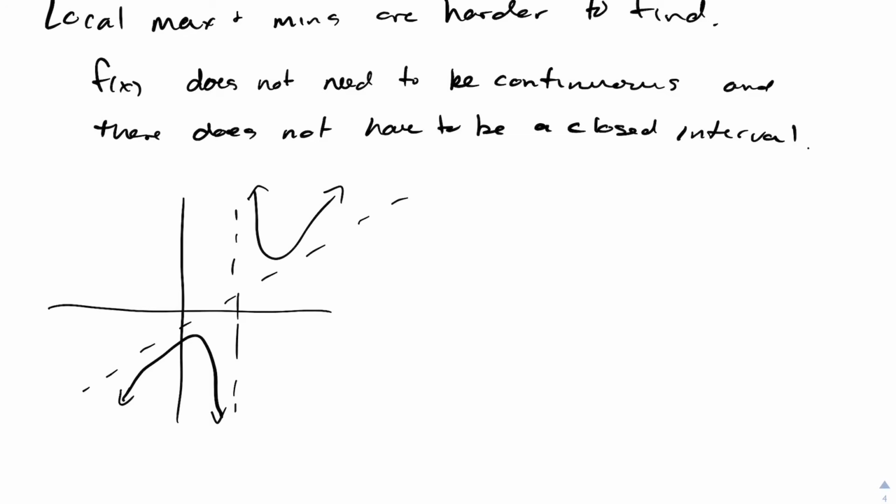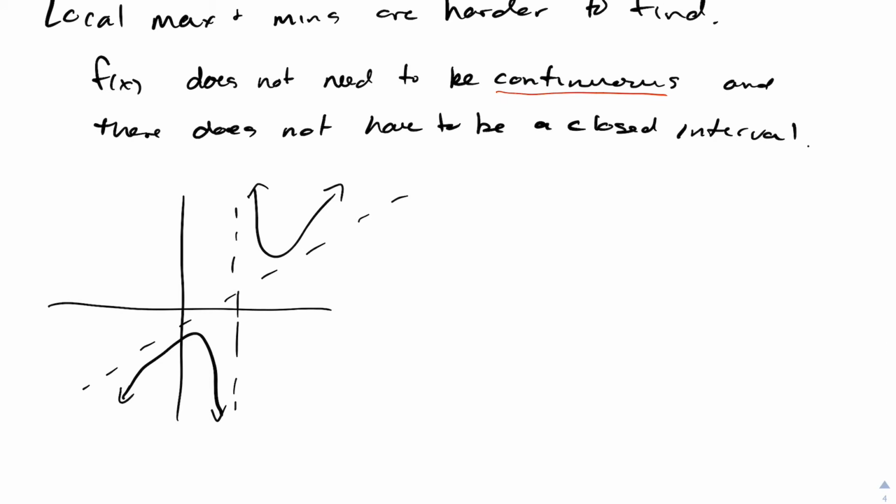Local max and mins are actually a little bit harder to find because we don't need the continuity condition. For our local max or local min, we might have a function like we see down below on the left, where our function is discontinuous. There is a break in our graph.